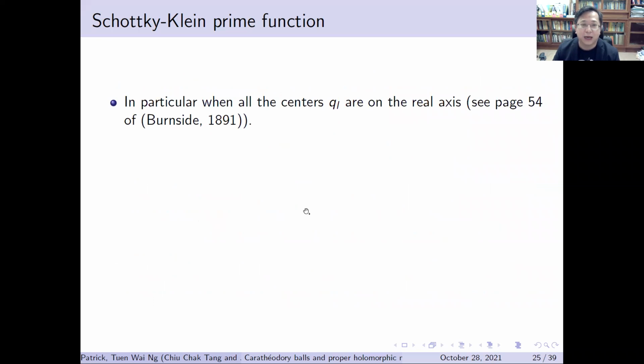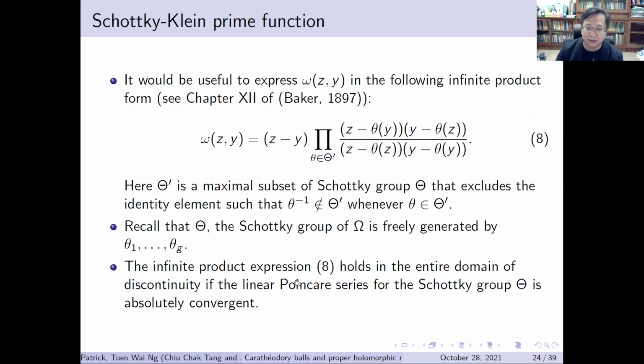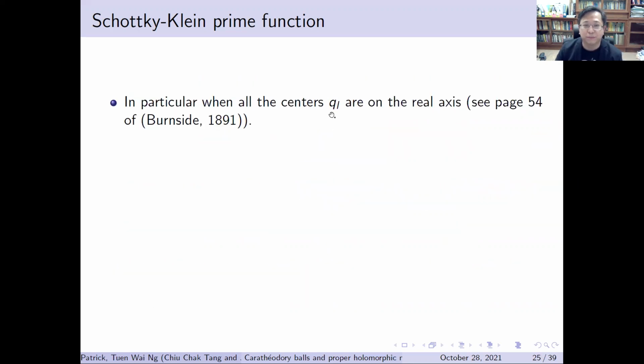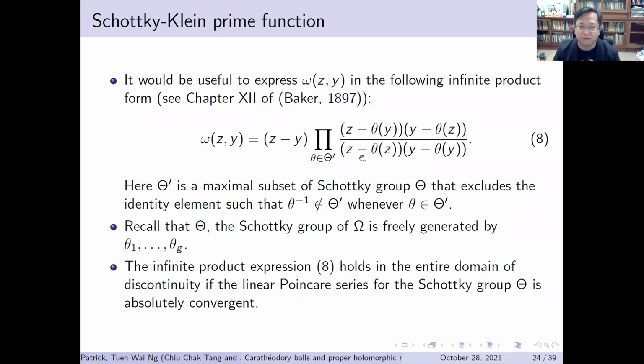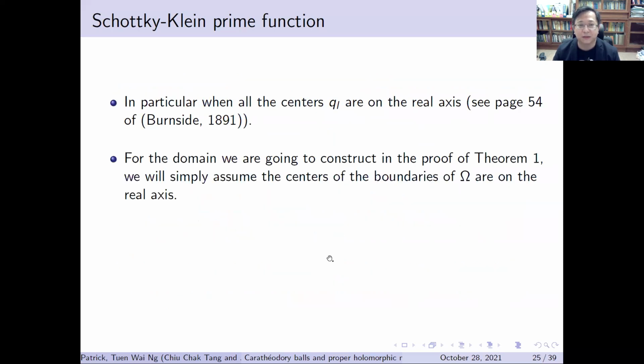One case that we are going to use, which satisfies this condition on the Poincare series, is when all the centers of the inner circles are on the real axis. That's a condition that we are going to use, and with this condition satisfied, we have this infinite product.